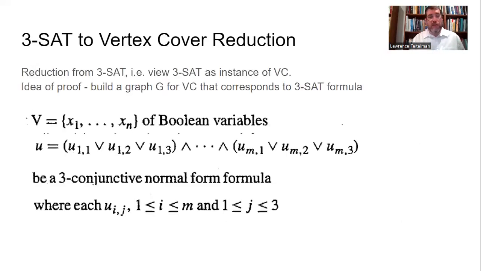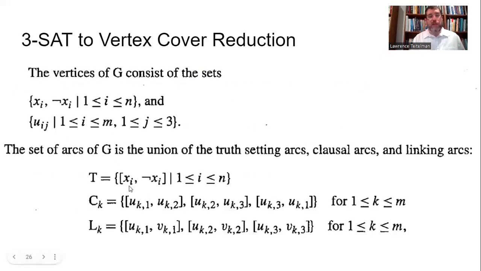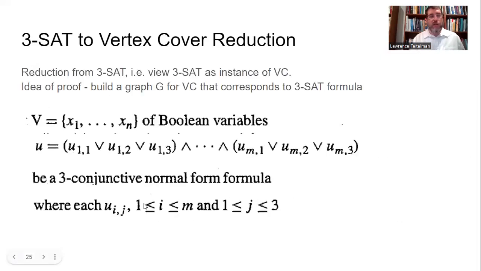So each of these clauses has 3 variables, and we have a special set of edges that represent that. What are we saying here? One edge corresponding to the relationship between U11 and U12, one edge between U12 and U13, and a third edge between U11 and U13.